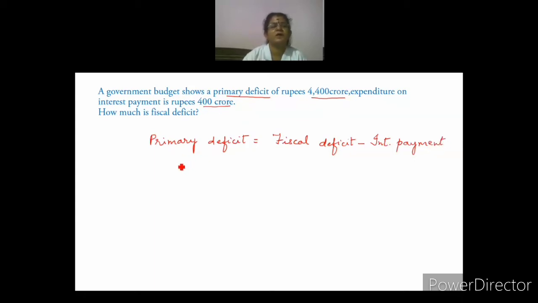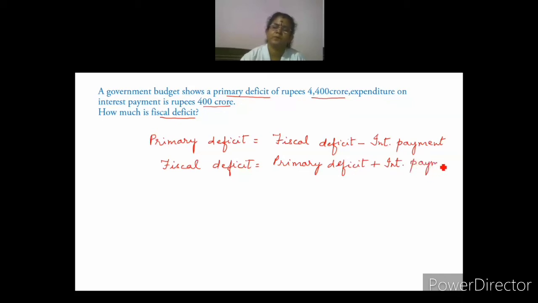Now the question asked is fiscal deficit. Therefore, fiscal deficit is equal to primary deficit plus interest payment.